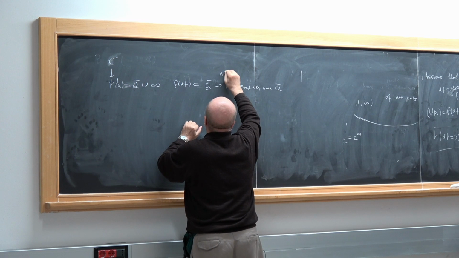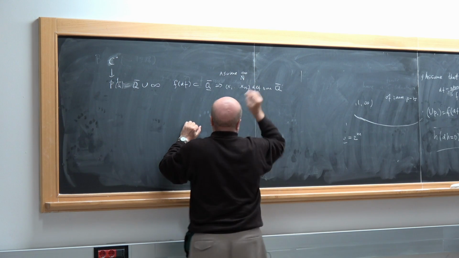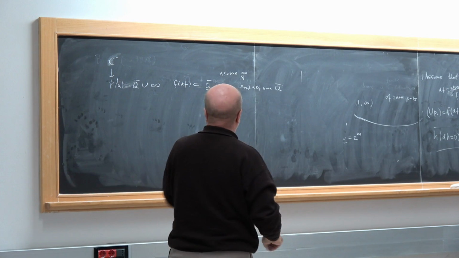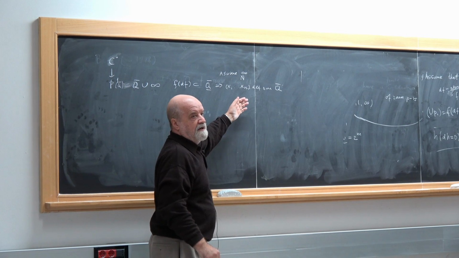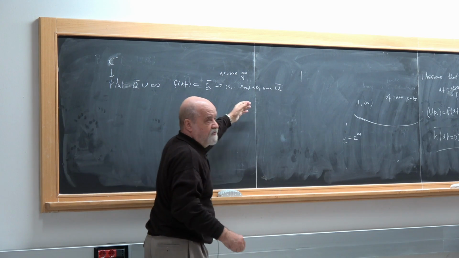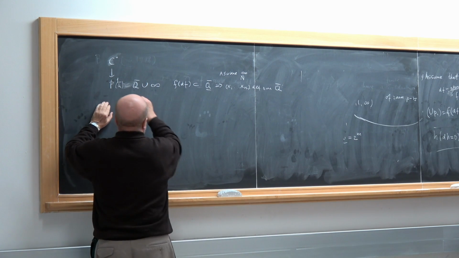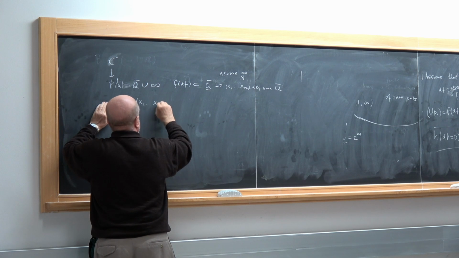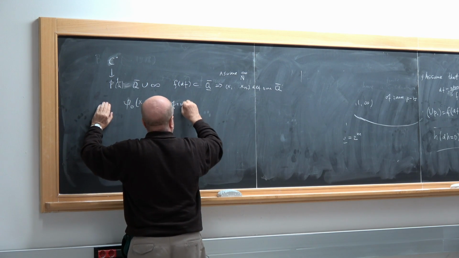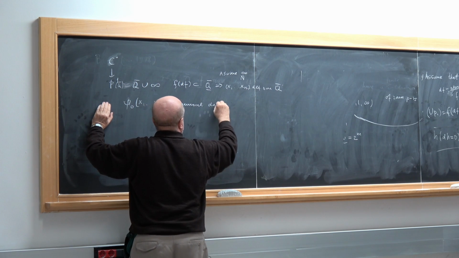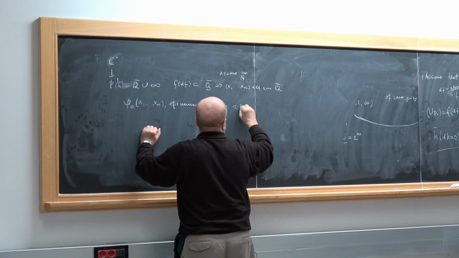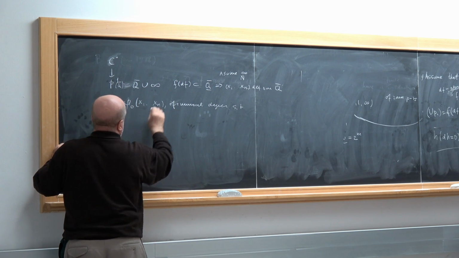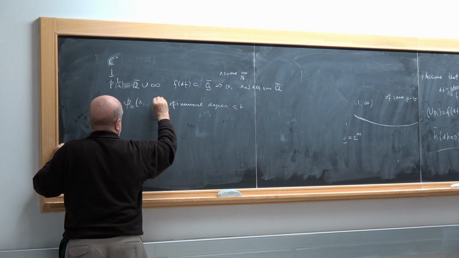And we can assume infinity is not present. We can always apply some rational projective transformation, so we can always assume that. Now, what does it mean that they are over Q bar? You have n points over Q bar. So there is a polynomial phi 0 of x1, ..., xn, of minimal degree, such that it is contained in Q and is equal to 0.